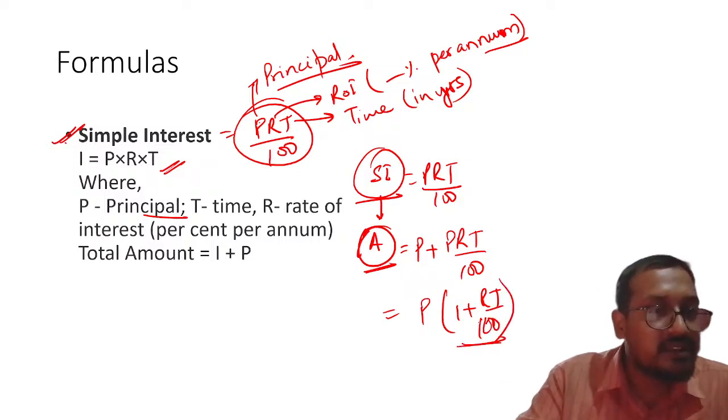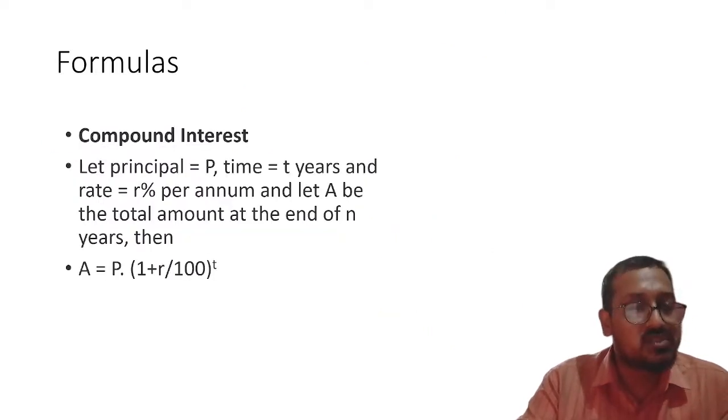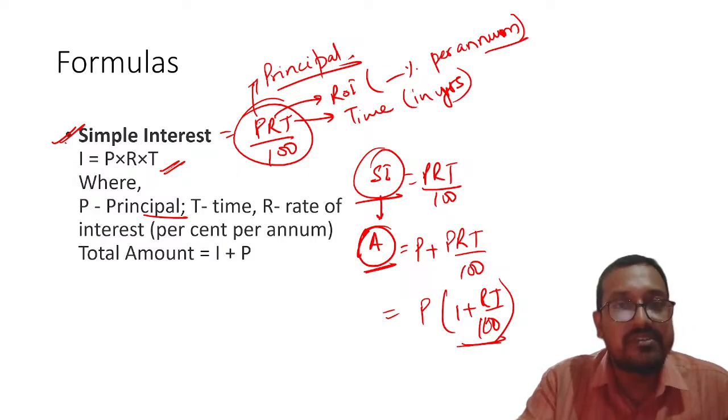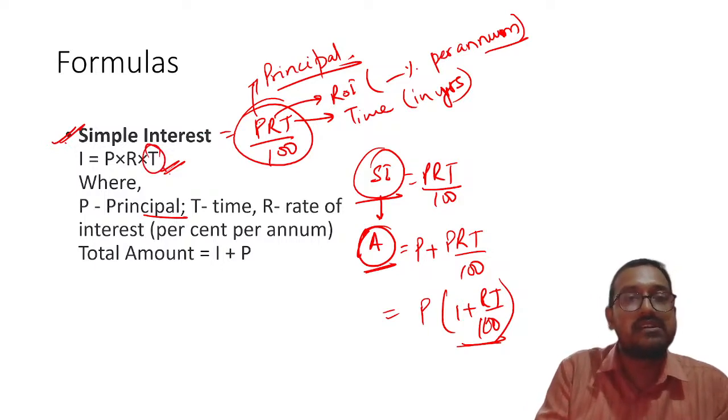Understood as well. Now my dear students, the next one, which is very important, is compound interest. What is compound interest? When I take simple interest, the term will be fixed. For example, I take a loan for, let us say, 3 years.